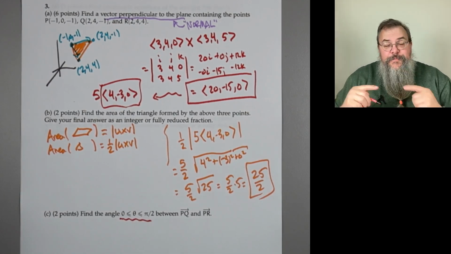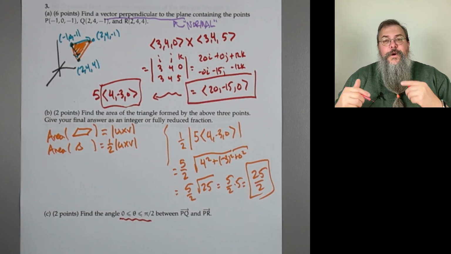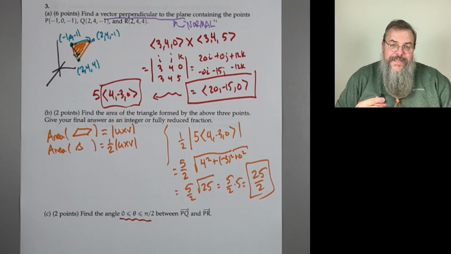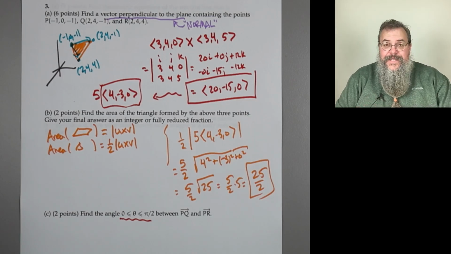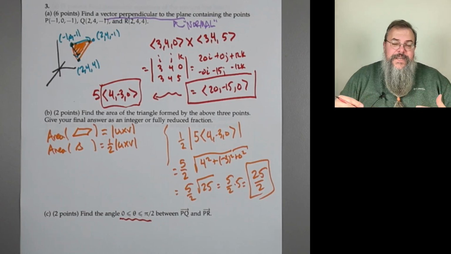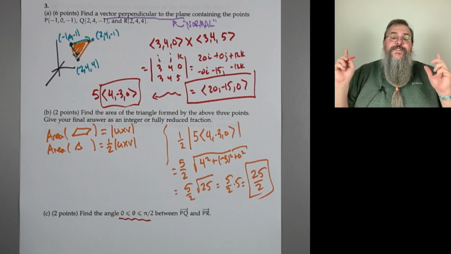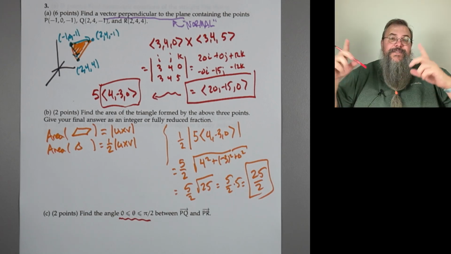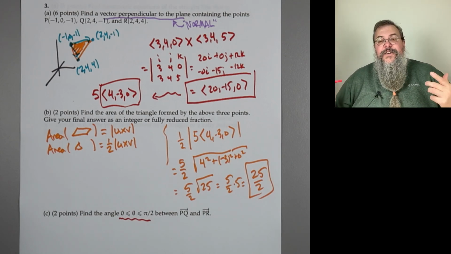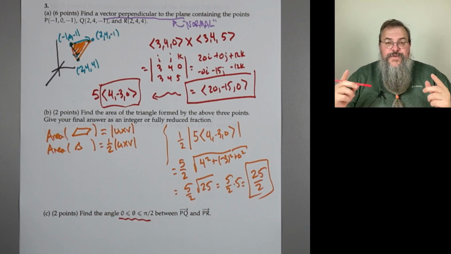You don't know a priori that the angle is between 0 and pi halves. What they're trying to do is get you to use the fact that there's a sine of theta. The problem is it could be an obtuse angle. And so when you're finding an angle between vectors, you can't use the sine because you can't know if it's an acute or obtuse angle.